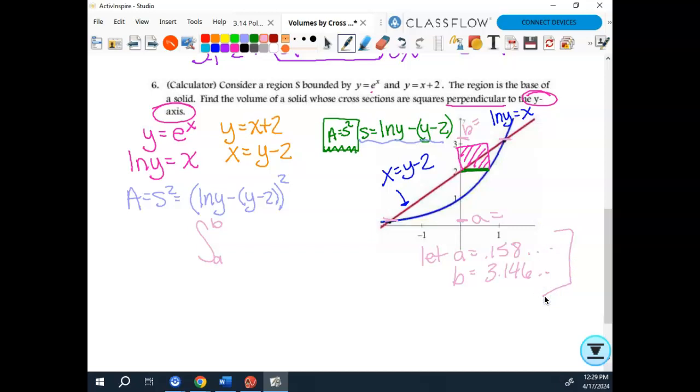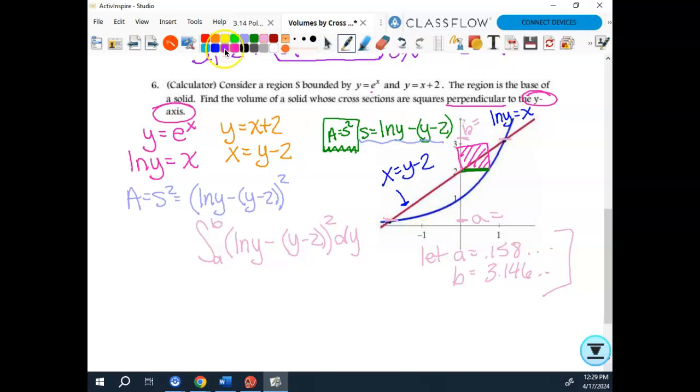Then I want to integrate the area, right? So this is the area. Natural log of y minus y minus 2 squared. Don't forget your dy. Some of you had some beautiful stuff set up on your FRQs, but you did the little integral and stuff, but you left off your dx, or your dy, or dt, or whatever the heck it was.